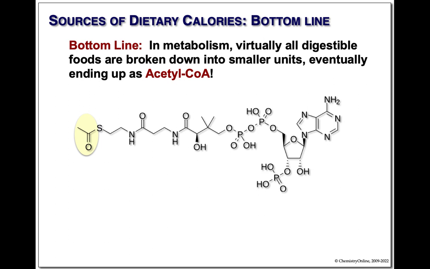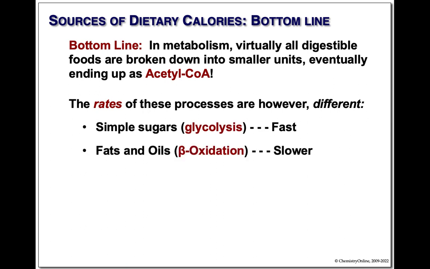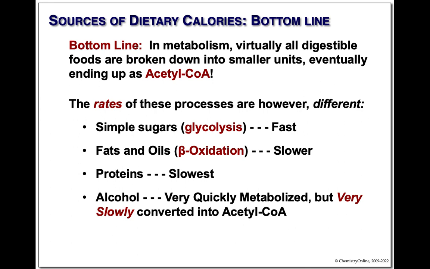Everything you eat is converted to acetyl-CoA. Central. But they do this at different rates. If we eat simple sugars, very quickly acetyl-CoA. Fats and oils are slow. Protein is the slowest. You eat protein, it just sits there, very, very slowly converted to acetyl-CoA.